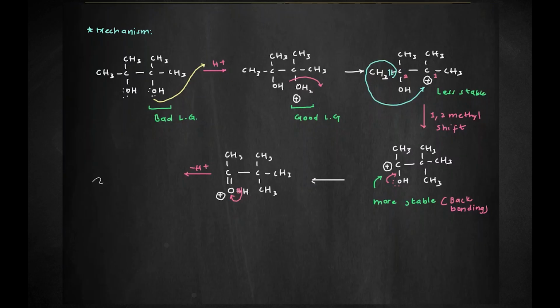Correct? So what will you get here? CH3, C double bond O, this is C, CH3, CH3, and this is CH3. Got it? So initially you started with the vicinal diol, that is Pinacol, and you get a carbonyl compound called Pinacolone. It's a very simple mechanism.